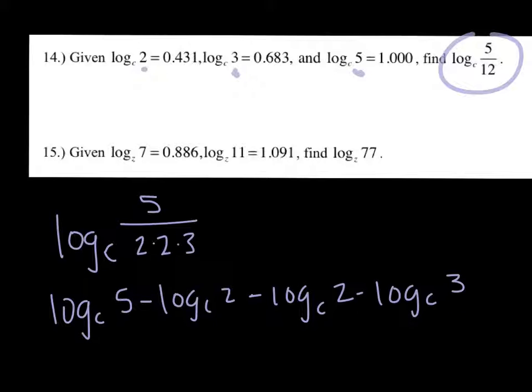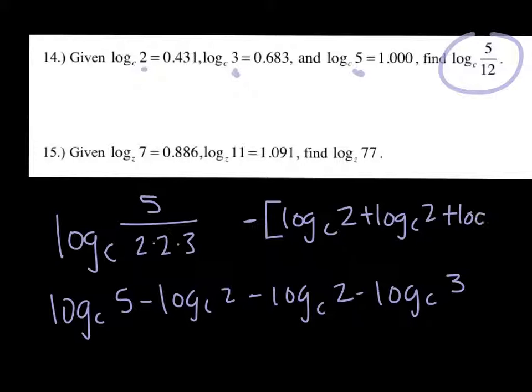Because 2 times 2 times 3 are a product, you could have subtracted the whole denominator and said, okay, technically they're being multiplied together. So you could have done log base c of 2 plus log base c of 2 plus log base c of 3. And what would happen is that negative would have distributed inside there to each one of them. I just say, okay, if they're all in the denominator, we're going to subtract each one of them. But that's how we get to that step of all of them being subtracted.